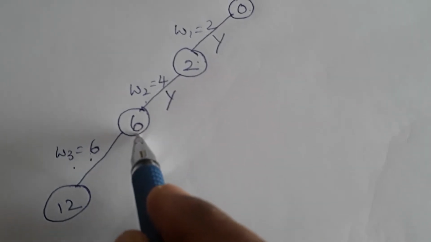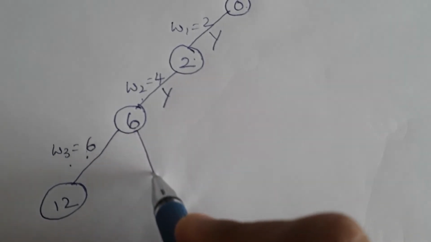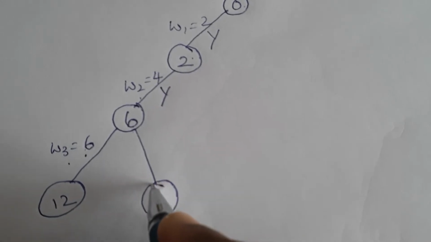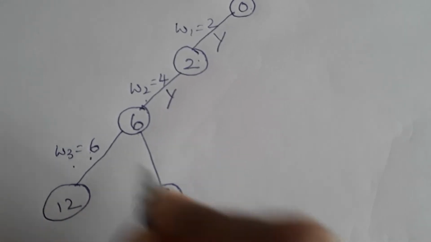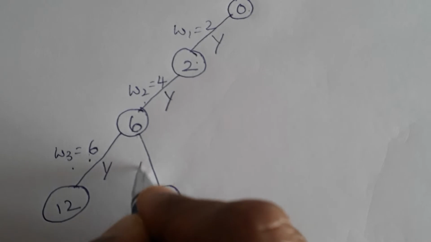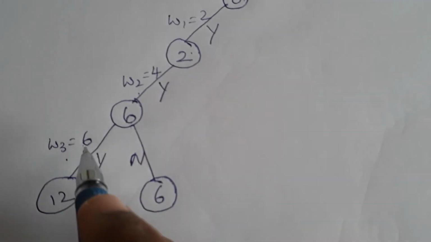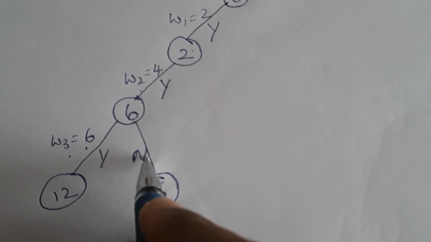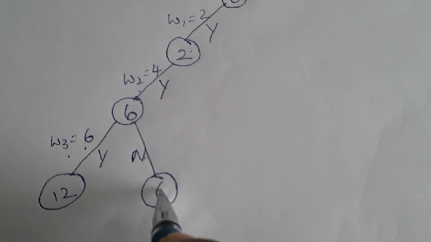Now we have the other option of not considering w3 in the subset. So the sum is 6. If the weight w3 is equal to 6 is not considered in the subset, then the sum remains 6.